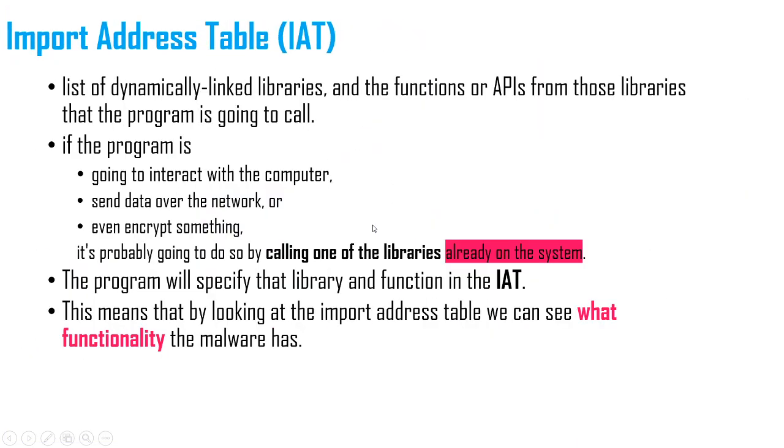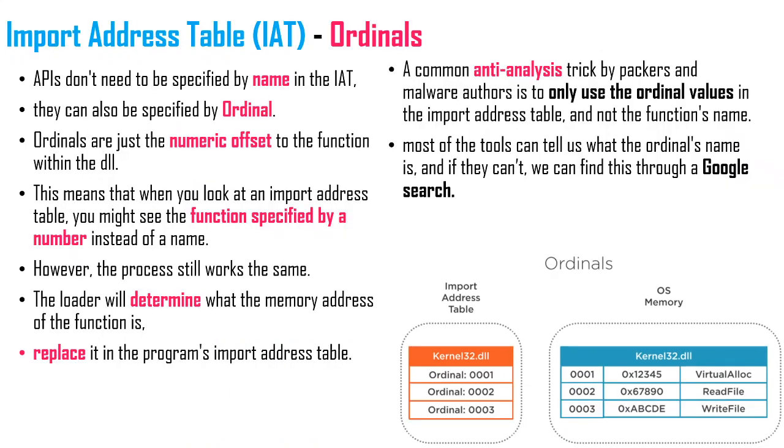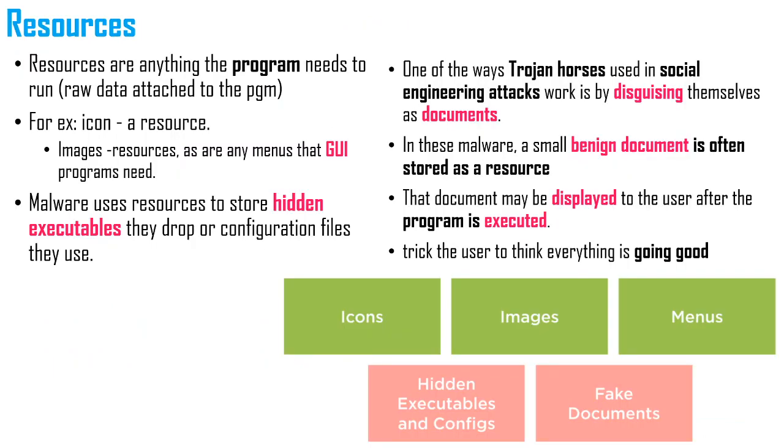So what we have seen in the import address table is the basic thing, an example for the import address table, and then ordinals, and then APIs, and finally resources. For a particular malicious file, resources are anything the program needs to run. If a particular malicious file wants to run, it needs some resources.